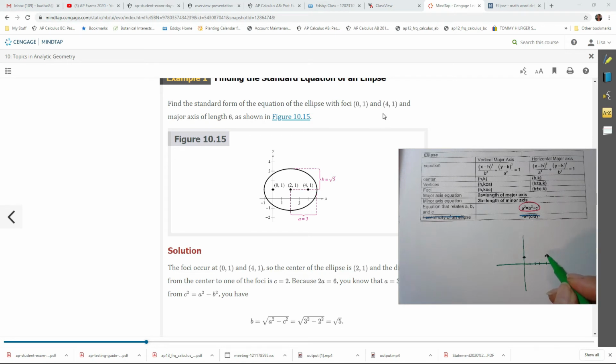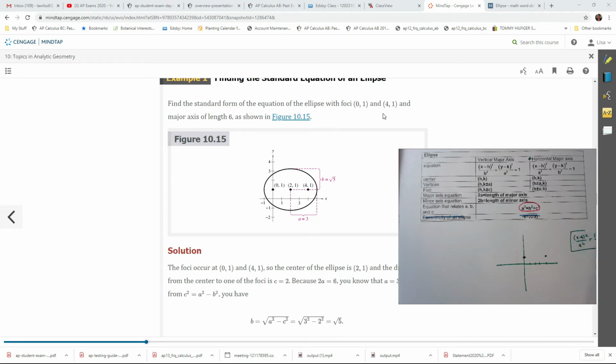Now, what do I know? I know that the foci lie on the major axis only, so I know my major axis is going to be horizontal. If it's horizontal, then this is the equation I need to work with: (x minus h) squared over a squared plus (y minus k) squared over b squared equals 1.